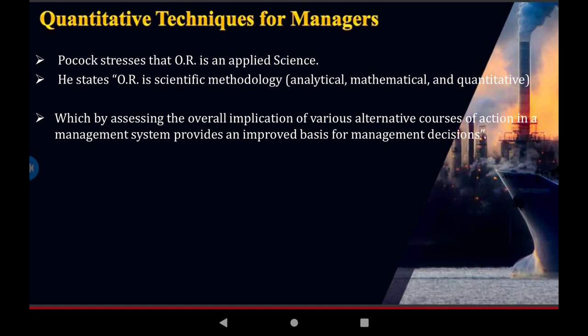Management students can also gain more knowledge through operation research. Quantitative techniques provide operation managers and management systems an improved basis for management decisions.